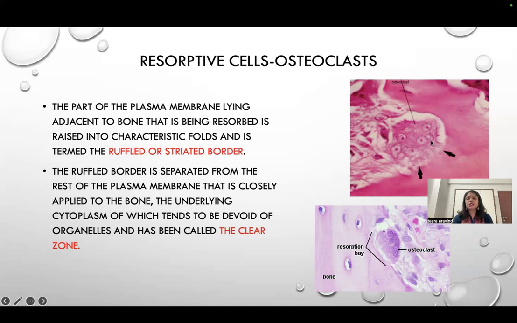This ruffled border is separated from the rest of the plasma membrane by a zone where the cytoplasm is devoid of all the organelles, and this is known as the clear zone. The ruffled border plasma membrane that is closely applied to the bone is separated from the rest of the plasma membrane through a clear zone.